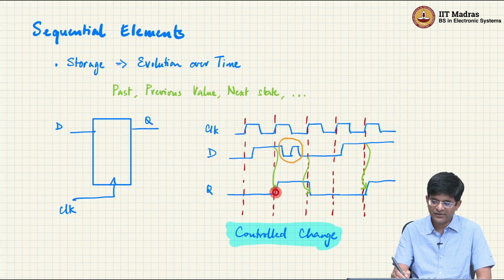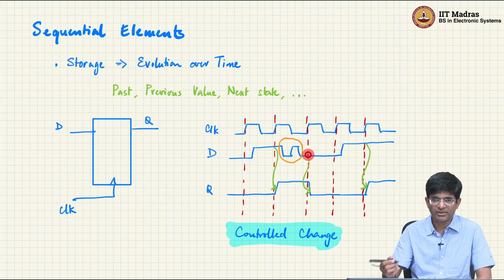In other words, every change that I see in Q over here will correspond to a clock edge on the clock signal. At that point, it will go and see what is the value of D and copy that value over to the output. The fact that D underwent a number of transitions in here is completely ignored.